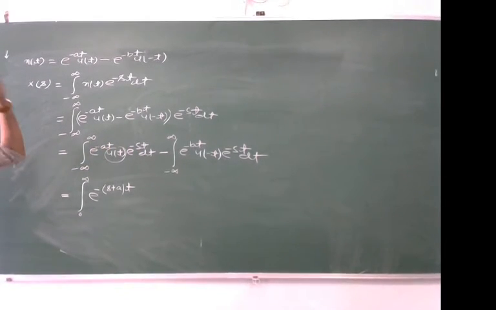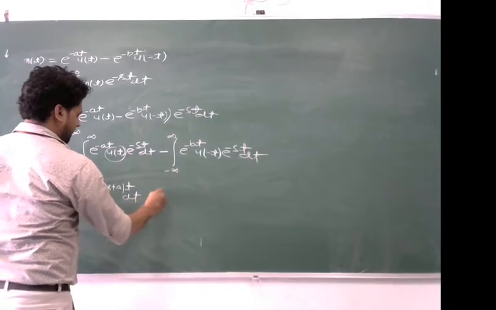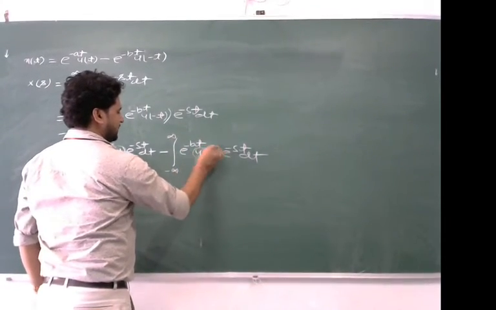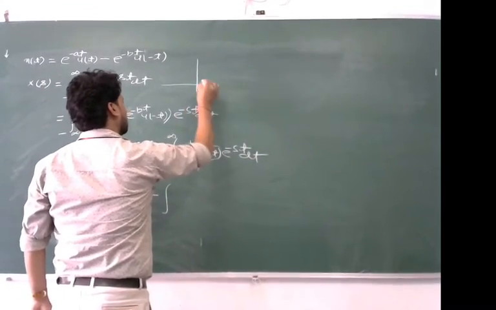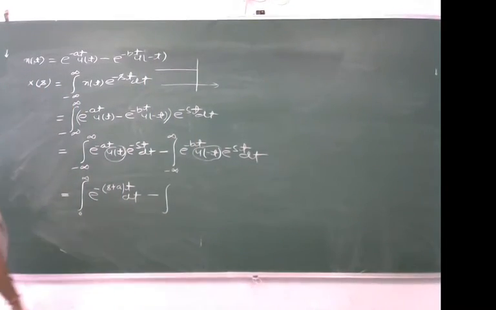It will become e power minus (s plus a) t dt minus, now u(minus t) is given here, which will exist only for the negative values of t.